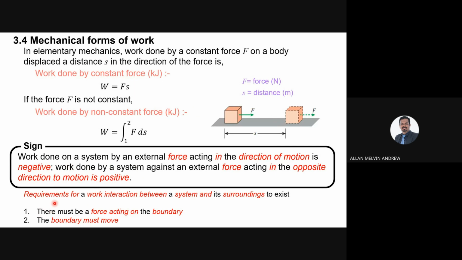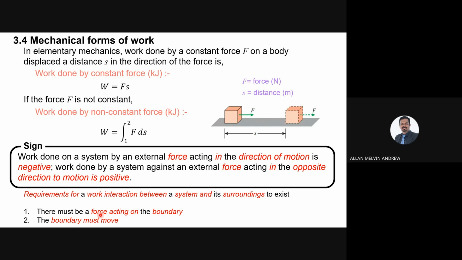Okay, the requirements for a work interaction between a system and its surroundings to exist. There are two requirements. First, there must be a force acting on the boundary. The boundary is the dotted line, whether it is an imaginary boundary or a real boundary.